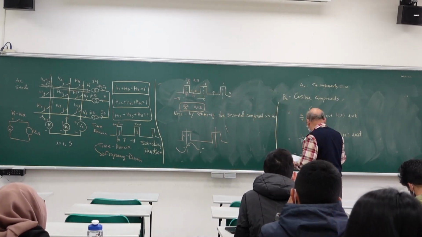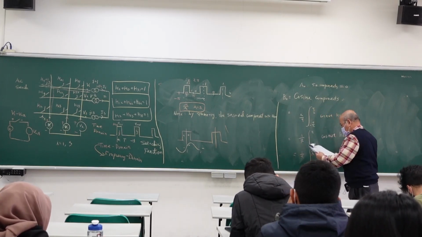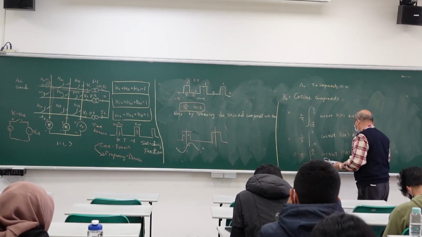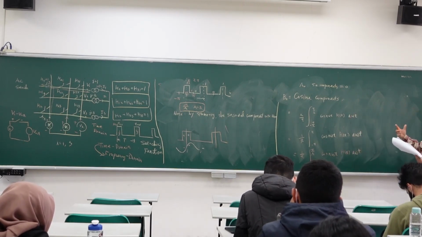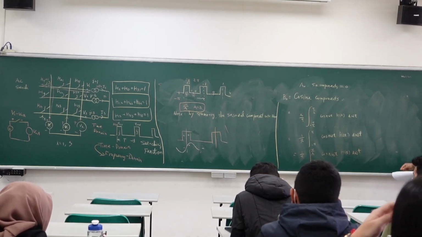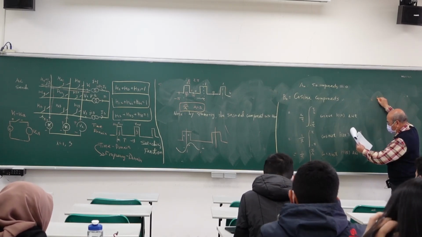And then we have cosine n omega t, we have h(t), we have d omega t, because the other time interval is always 0. So we don't need to calculate 0. Then we can get the result.